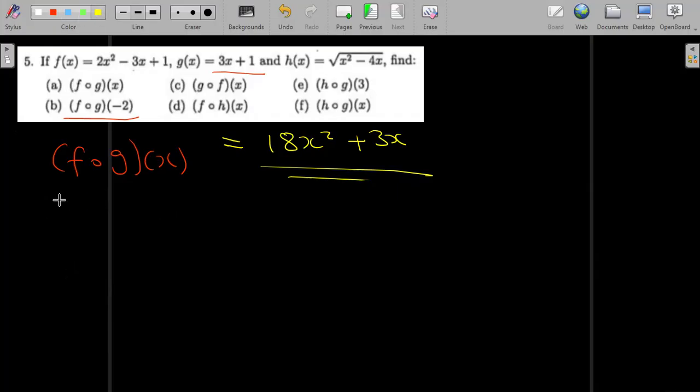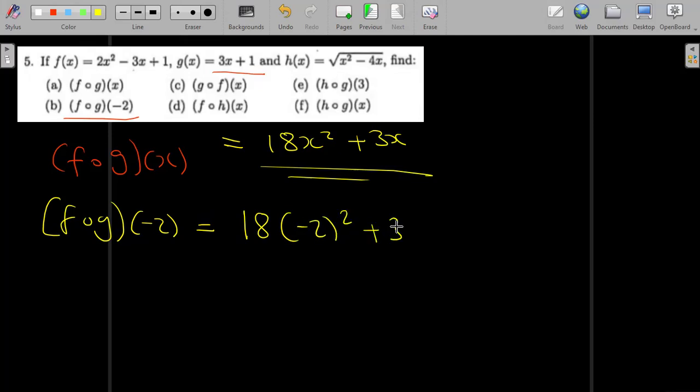So where there's x, I replace it with negative 2, and you get 18 multiplied by negative 2 squared plus 3 times negative 2. So this will be a positive 4, and here you get negative 6.